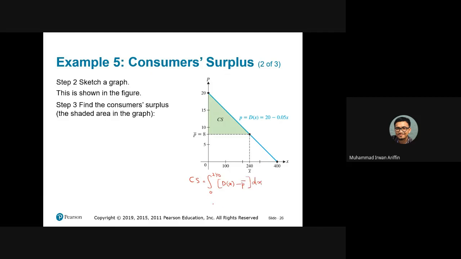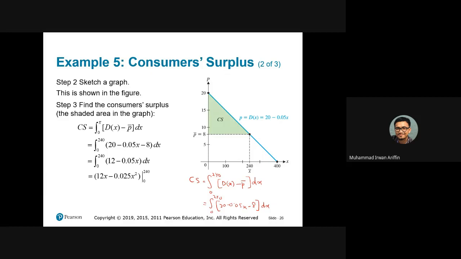So here we have the integral from 0 to 240 of (20 minus 0.05x minus 8) dx. Don't forget the bracket. 20 minus 8 is 12. Now we can simply find the antiderivative.